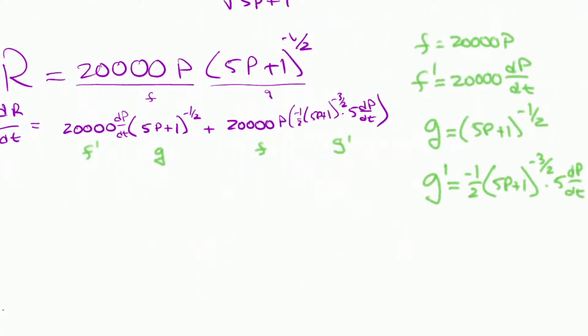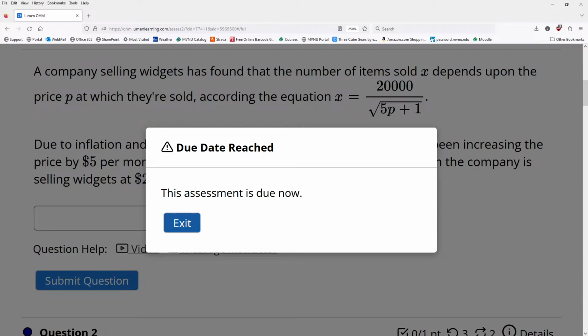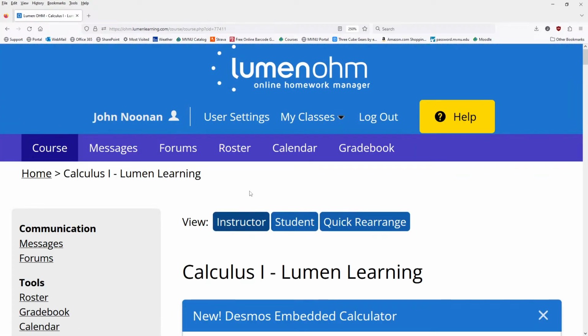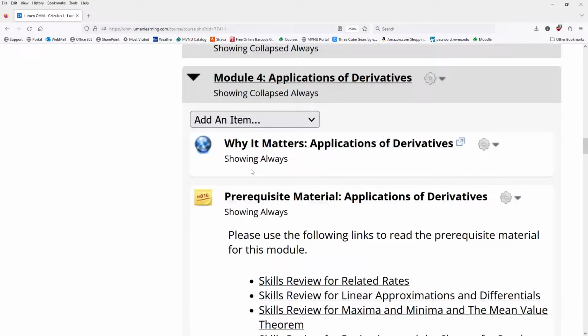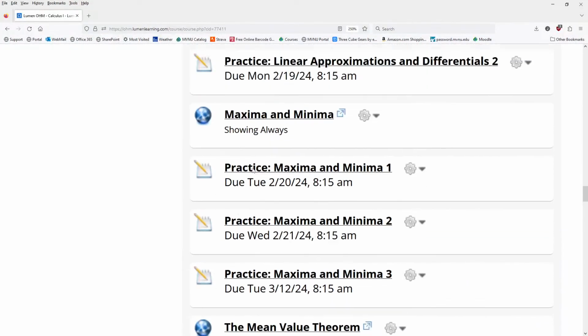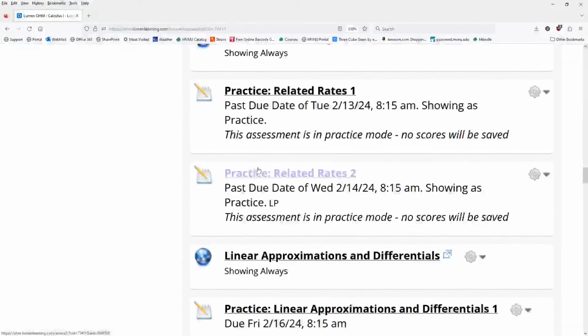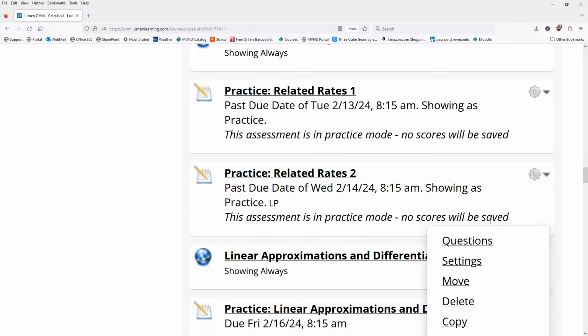It timed out? That makes me so angry. It should know that I want to keep going. Here, just a sec. Exit, fix, just a sec. Where is it? Going down here. Max on minna, linear approximations. There it is. Watch this.